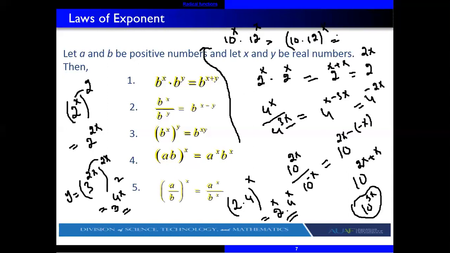So this means 10 multiply 12 equal to 120, 120 power x. Correct? Same rule number 5. You can write power separately to numerator and denominator. Okay.